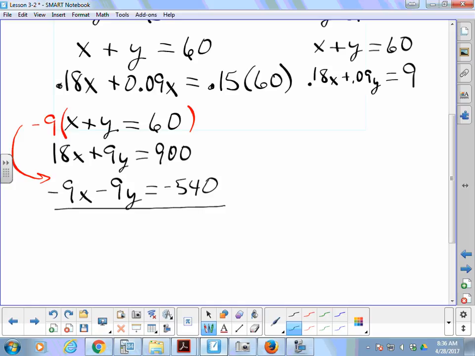So 18x minus 9x is 9x, and that equals 900 minus 540, which is 360. Divide by 9.